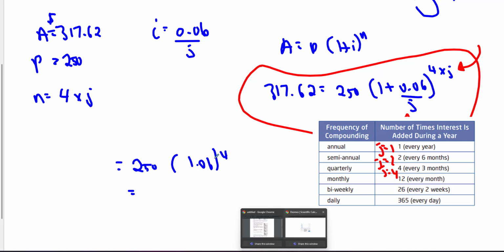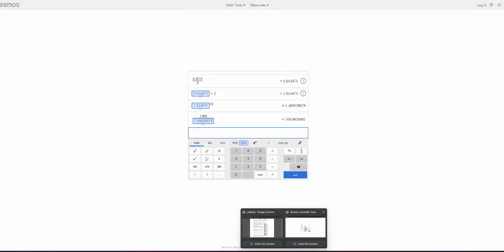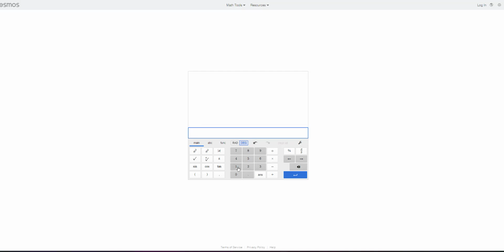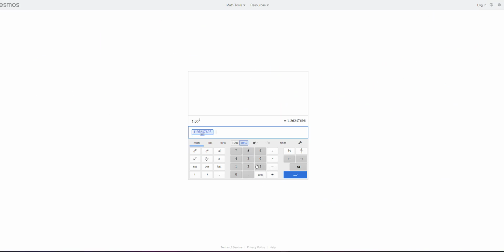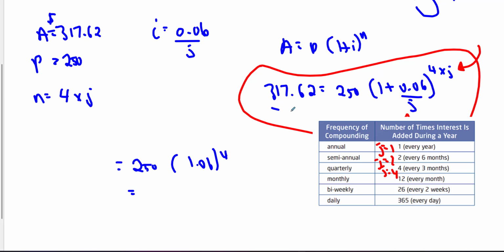Let's plug into the calculator, shall we? 1.06 to the power of 4, then times 250. So that's $315. We want it to equal 317. So clearly both sides are not equal. So it's not J equals 1.